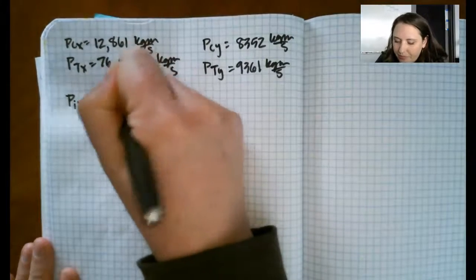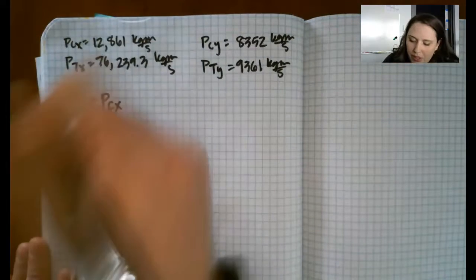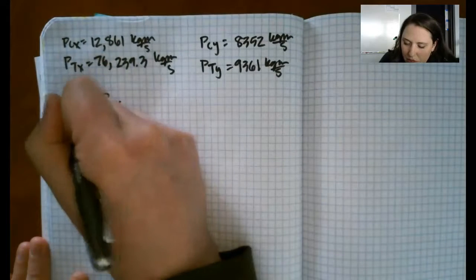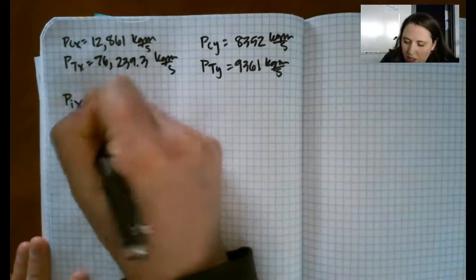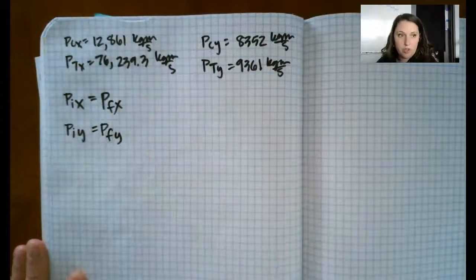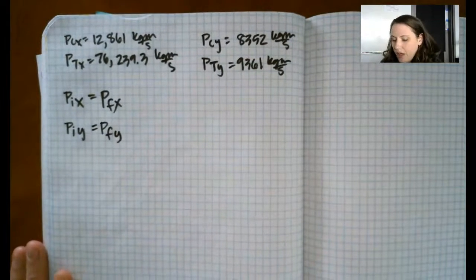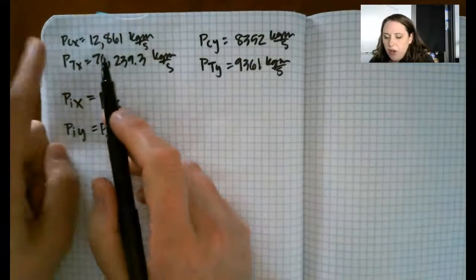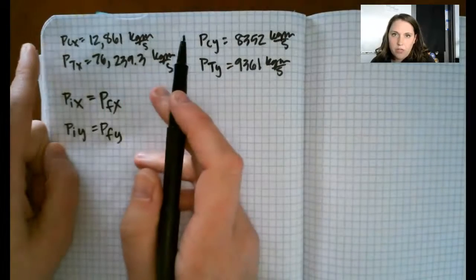So we're talking about the final momentum being equal to the initial momentum in the x direction, and the same thing being true in the y direction. And now we need to add up all of the momenta before the collision.